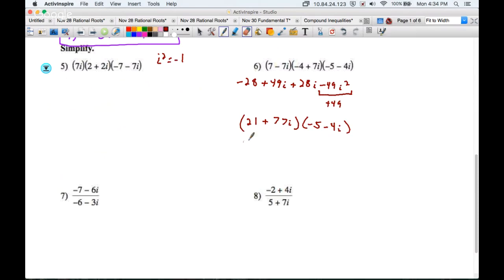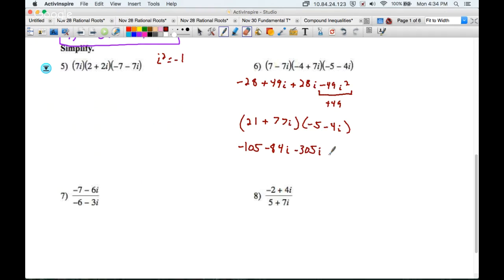First, 21 times -5 is -105. Outside gives me a negative 84i. Inside, let me see, I'm going to do that in my calculator. 77 times 5 is 385, so negative 385i.